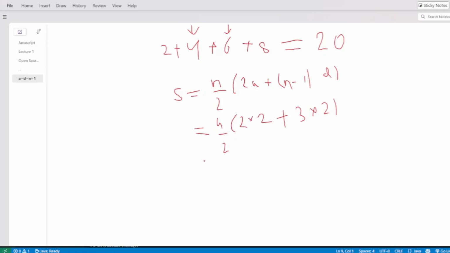Now calculate 4 upon 2, which is 2. Then 2 into 2 is 4, plus 3 into 2 is 6. Now the sum of these two, 4 plus 6 is 10, 10 into 2 is 20, and our answer is also 20.